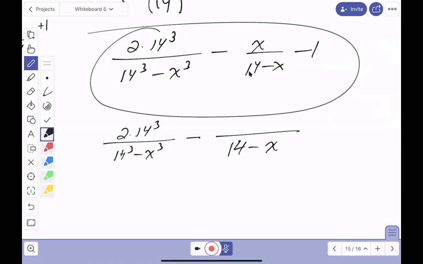And just give me a moment to do this. I have to figure it out. And I have to block something out over here. So 14 minus x, and then x minus 14. Let me be careful with this one. Give me a second. 14.